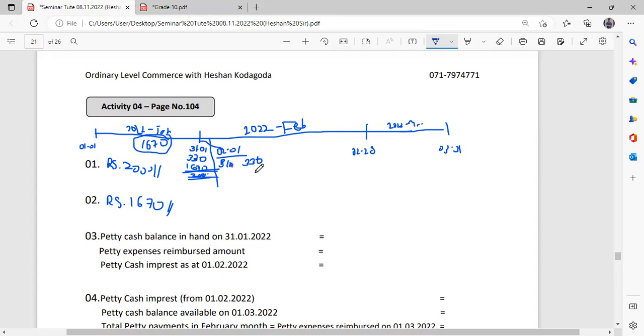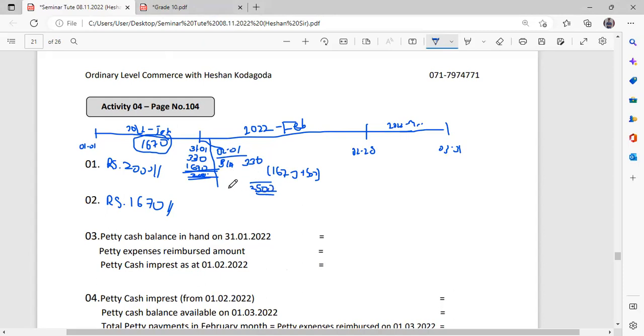Now, in addition to this 1,670, right? In addition to this 1,670, the main cashier needs to reimburse another 500. Why? Now this petty cash imprest is increased up to 2,500.